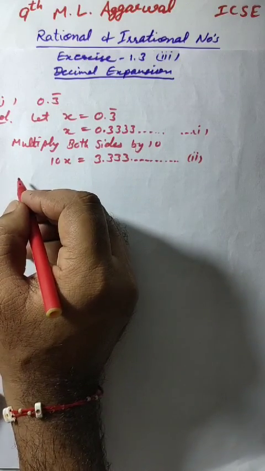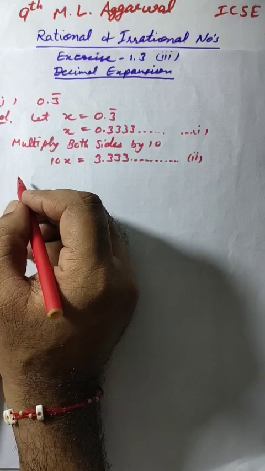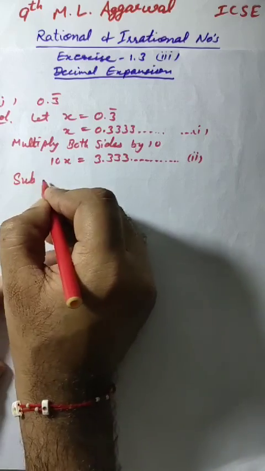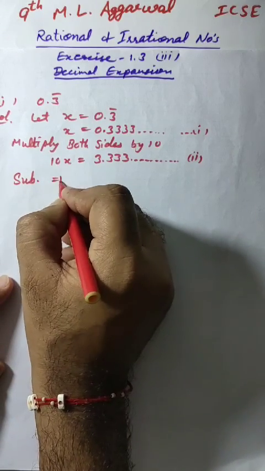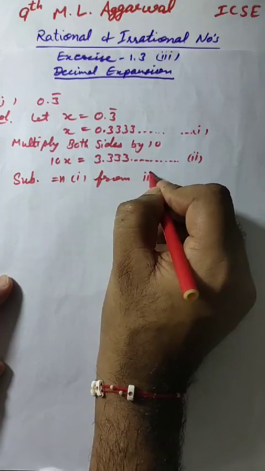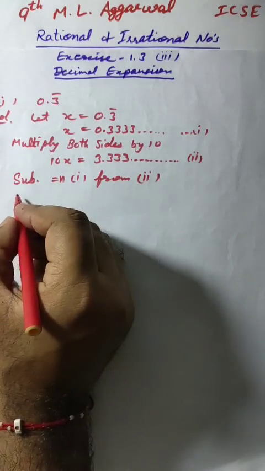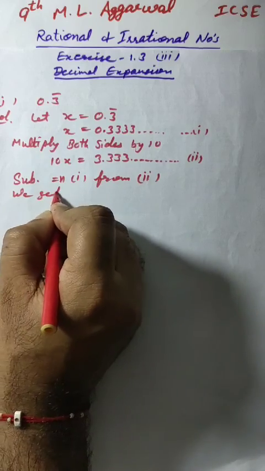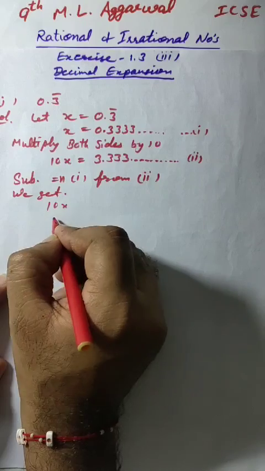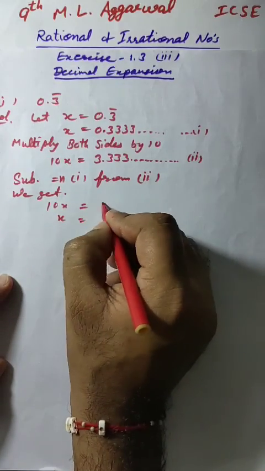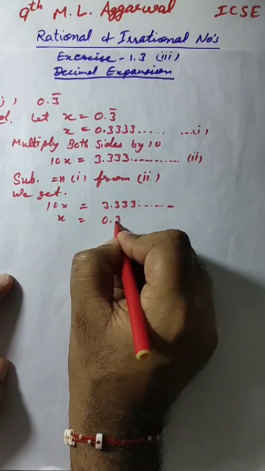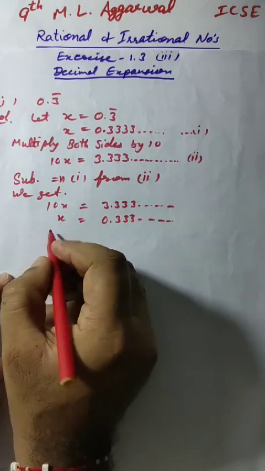Now to find the value of x, we'll have to subtract equation number 1 from equation number 2. Subtracting equation 1 from equation 2, we get 10x minus x, or we can write it like this: 3.3333 and so on, minus 0.333 and so on.